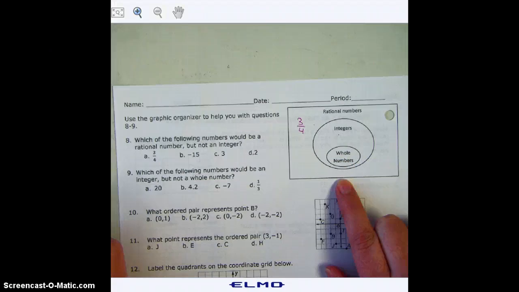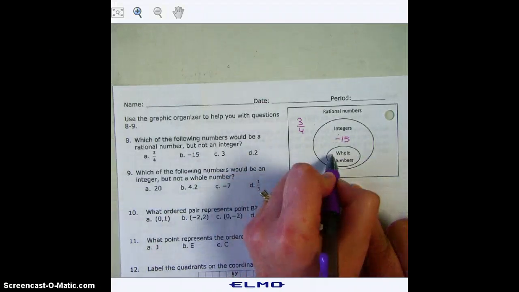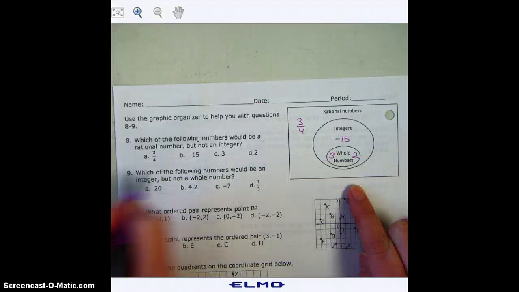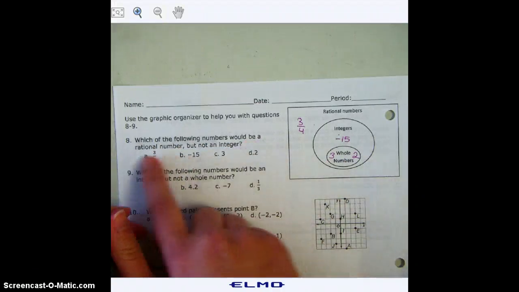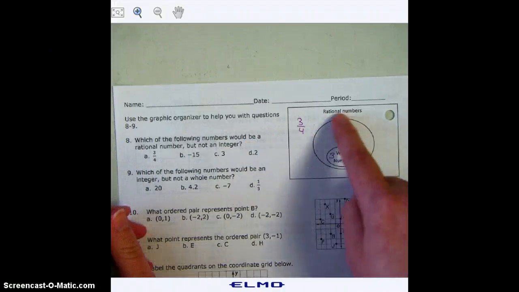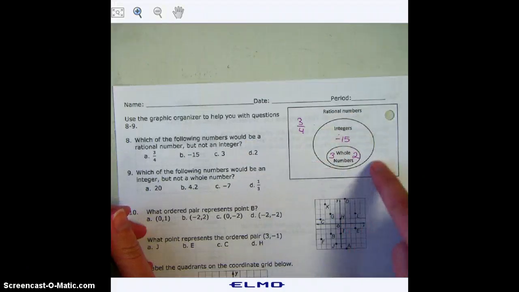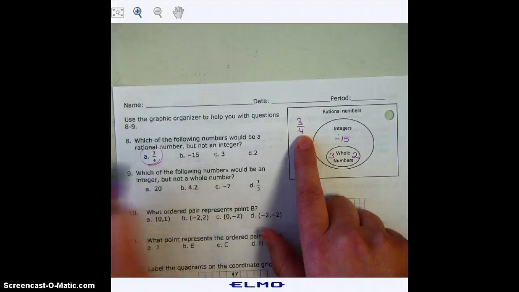Negative 15 is an integer. 3 is a whole number. 2 is a whole number. So let's read the question again. Which of the following numbers would be a rational number but not an integer? Well, considering everything inside of that circle is an integer, the only thing left out is 3/4, A.